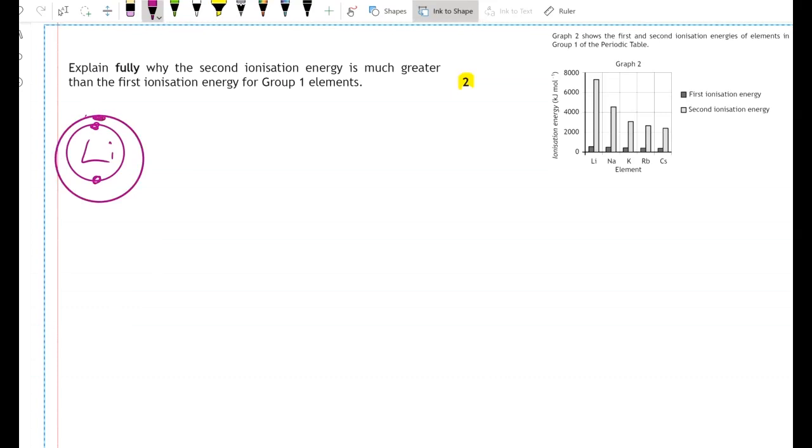Okay, now in terms of first ionisation energy, it's this electron that's going to be taken away.